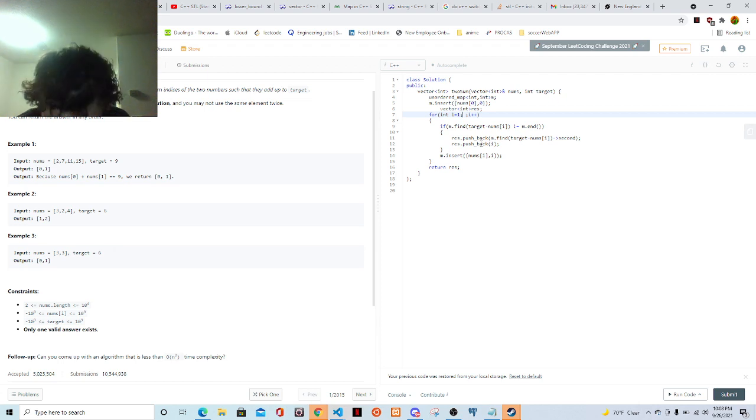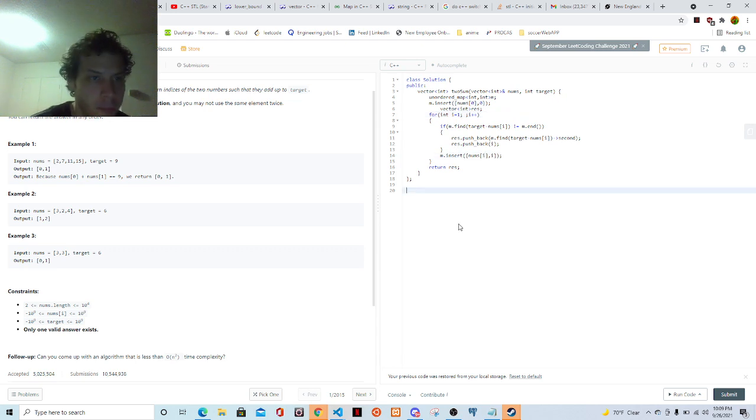What they did is they did push_back, and they did the target minus the nums, and if target minus nums equaled out, then it's like, yes, this is what we want. There you go. Otherwise it didn't do it.